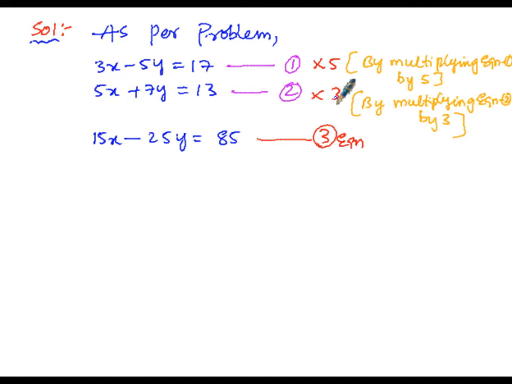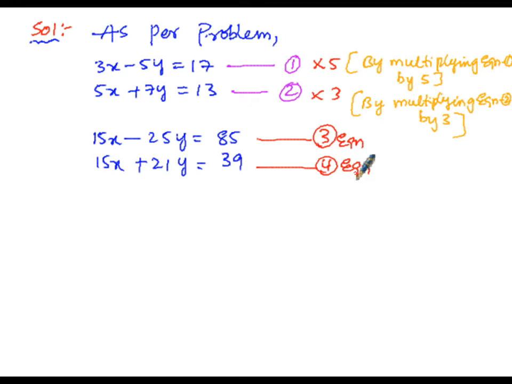So 3 into 5x is 15x, plus 3 7s is 21y, equals the constant 13 into 3, which is 39.